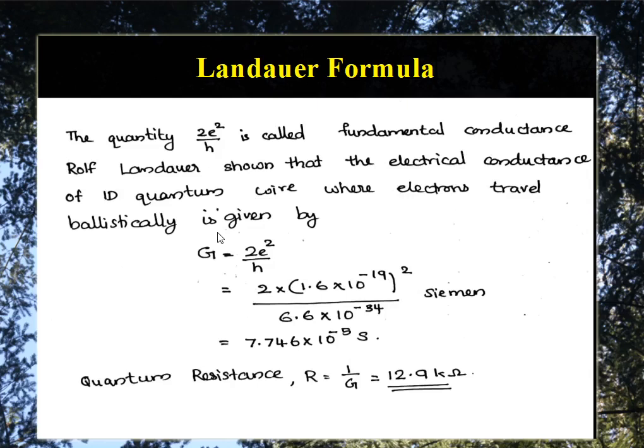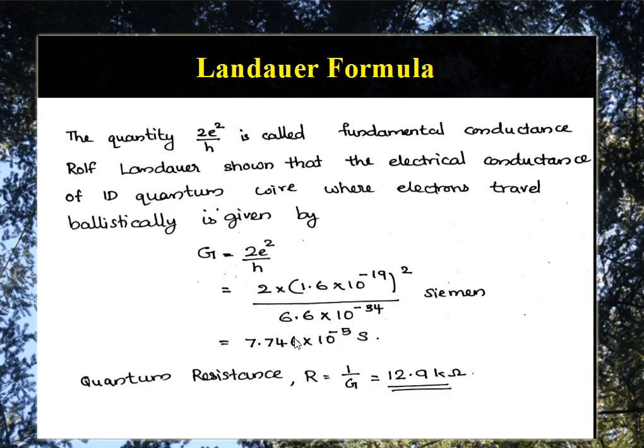The quantity 2e square by h is called the fundamental conductance. Rolf Landauer showed that the electrical conductance of a quantum wire where electrons travel ballistically without collision is given by G equal to 2e square by h.